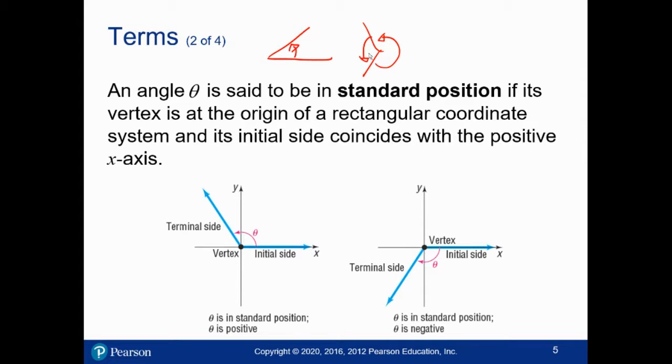Sometimes we may want to measure angles on the larger side. But normally what you're going to do is place the initial side along the positive x-axis. That places the terminal side somewhere else, and then you measure in the counterclockwise direction.